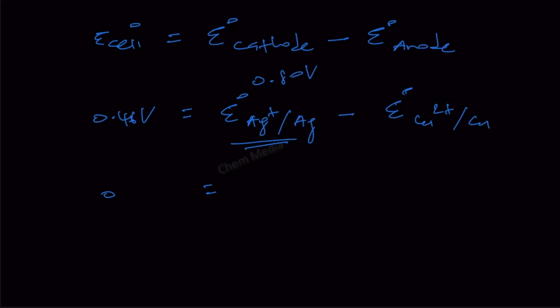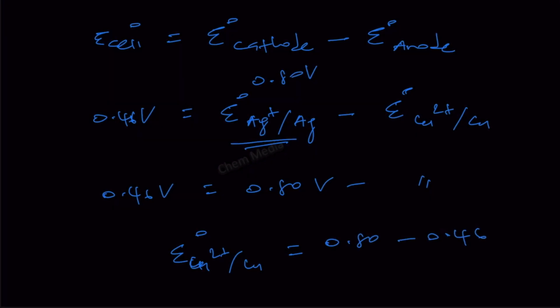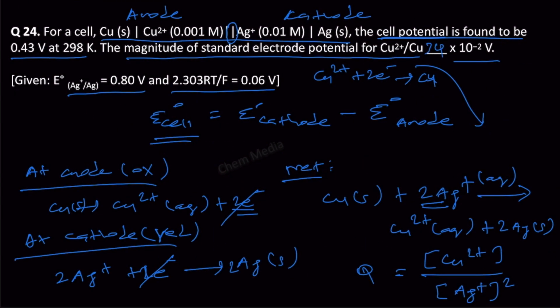So, therefore, 0.46 volt is equal to 0.80 volt minus this one. So, therefore, copper 2 plus becoming copper, the standard reduction potential is equal to 0.80 minus 0.46, and that is equal to 0.34, but we need the answer in terms of 10 to the power minus 2. So, therefore, 34 times 10 to the power minus 2 volt. So, this means 34 is the correct answer. So, therefore, 34 times 10 to the power minus 2 volts.